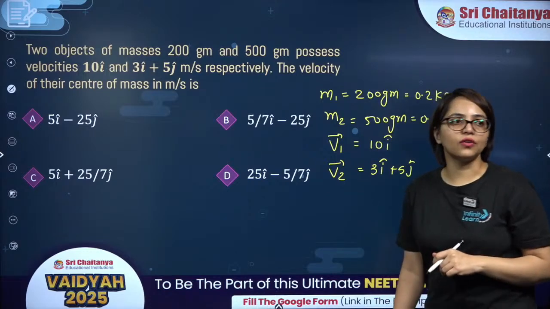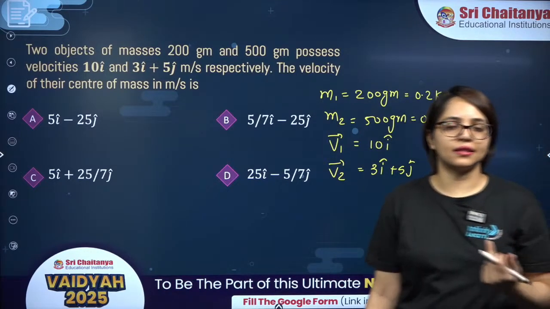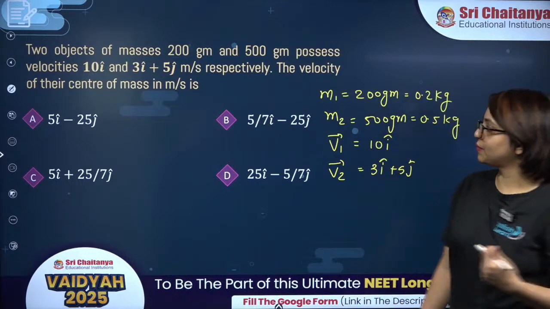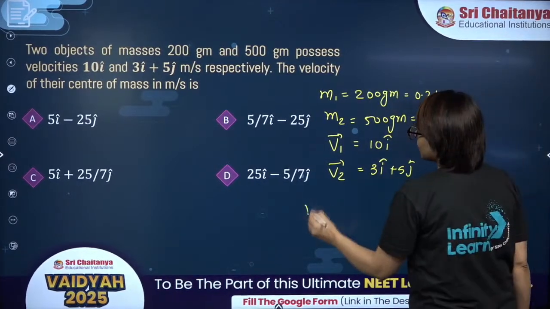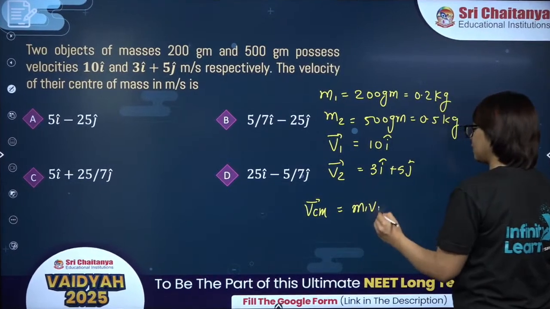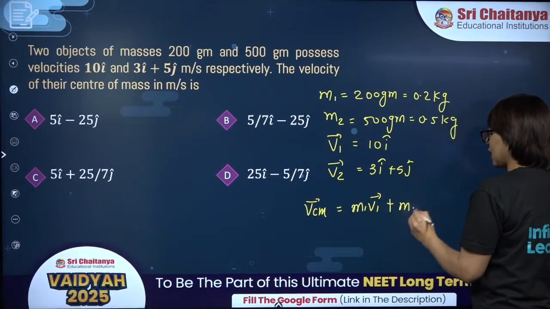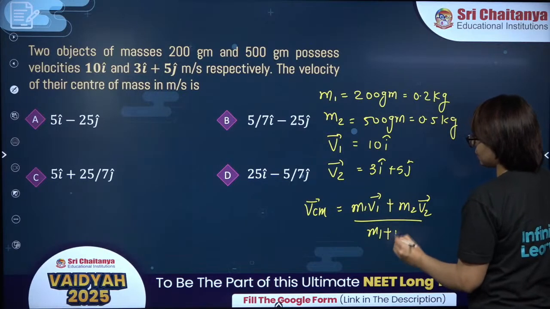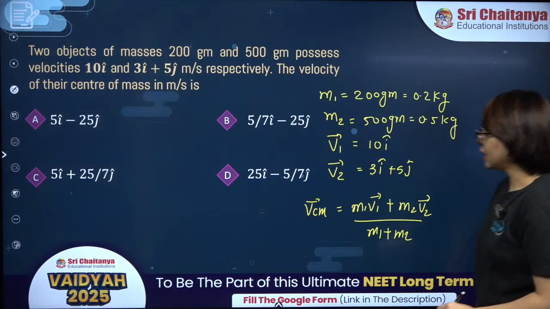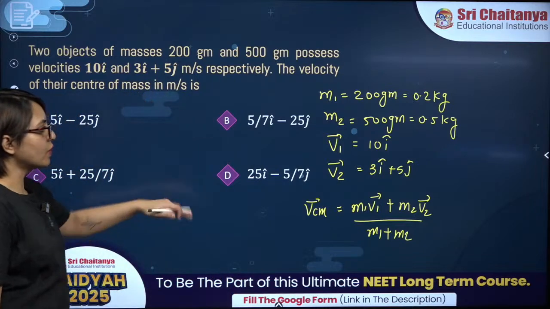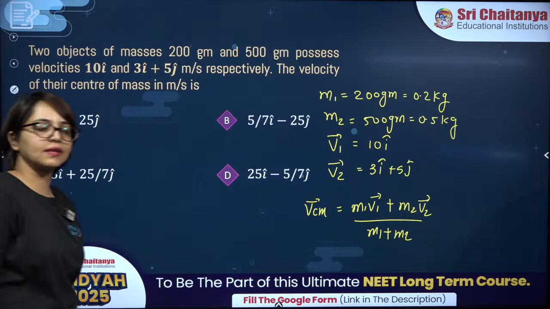You have to find the velocity of center of mass in meter per second. So VCM vector is m1 v1 vector plus m2 v2 vector divided by m1 plus m2.